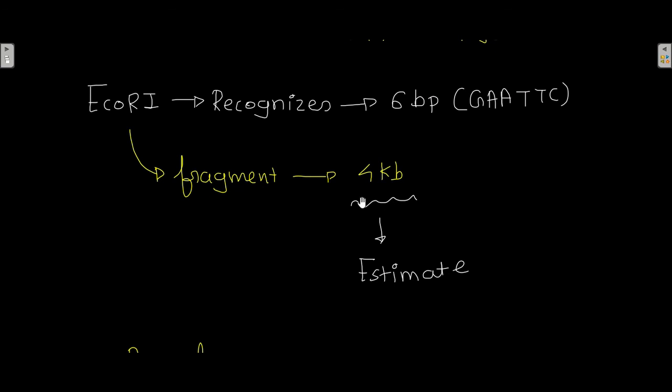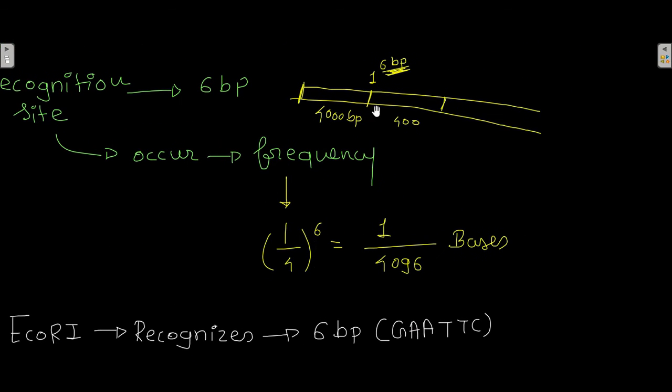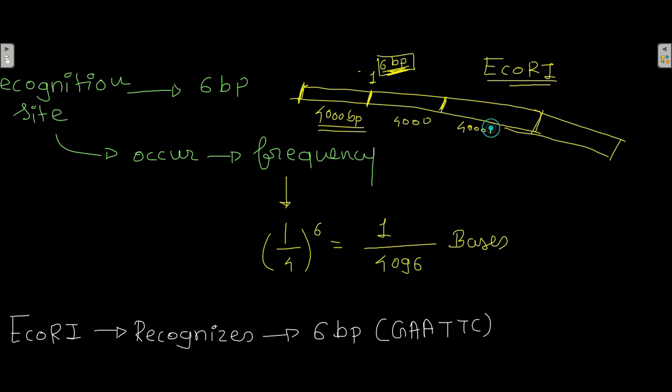For example, consider this DNA molecule of a particular length, subjected to EcoRI. EcoRI recognizes the 6 base pair site, and it is going to come after each 4000 base pairs. So this is a recognition site, then this, then this, and each segment has a length of about 4000 base pairs, that is 4 kb.